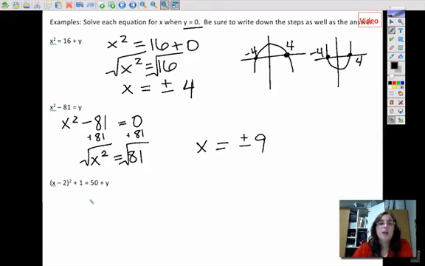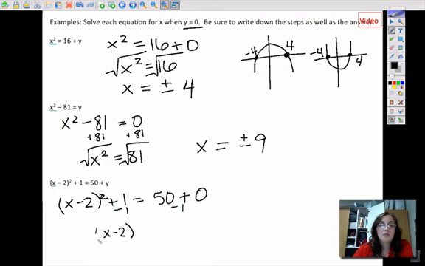Okay? And then the very last one's going to be our most complicated one here. We're going to have x minus 2 squared plus 1 equals 50 plus 0, y equal to 0. So I'm going to minus 1. That gives me x minus 2 squared equals 49. If I square root each side to get rid of that squared, I'll be left with x minus 2 equals positive or -7.